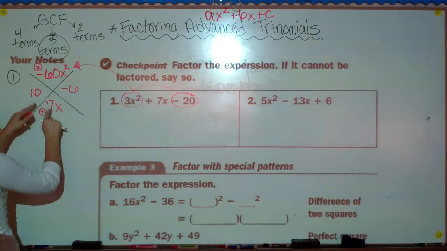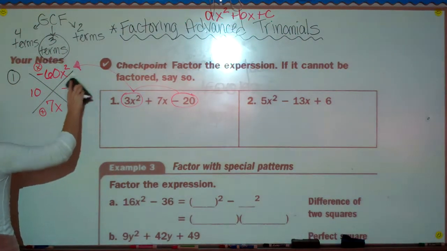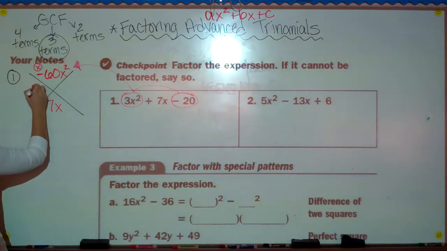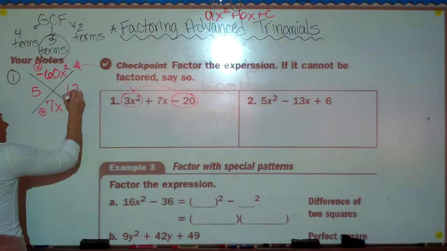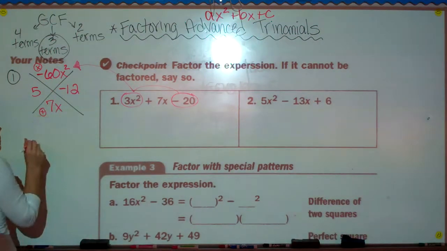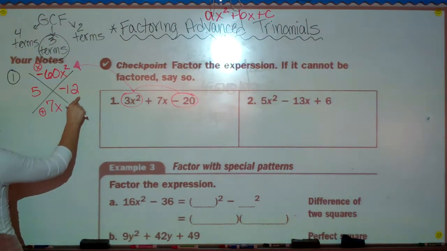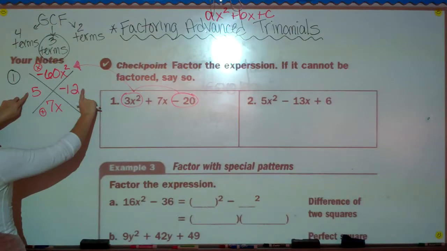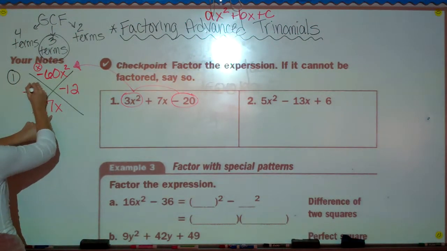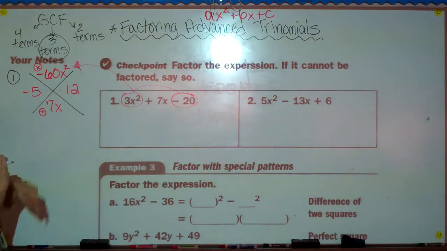But if you add them, you get a 4, so that's not the pair. Okay, 60 also divides by 5, so I have 5, and that would be a 12. One of them has to be negative, so positive 5 and negative 12 multiply to negative 60, but when you add them, you get negative 7. Since I want a positive 7, let me change my signs.